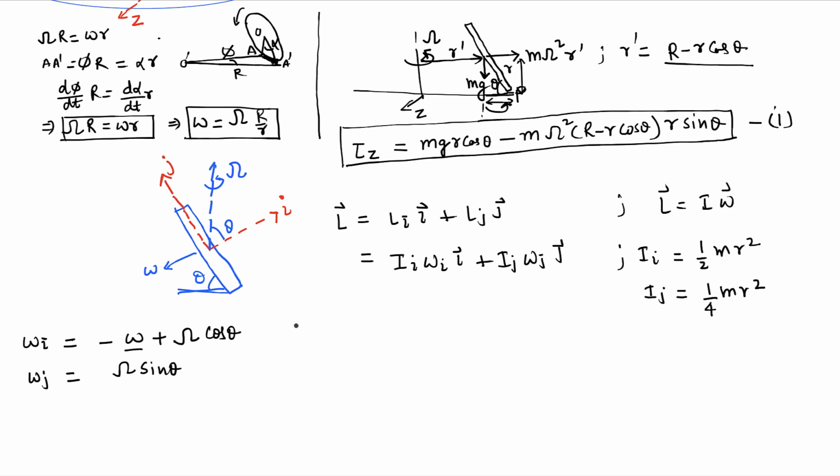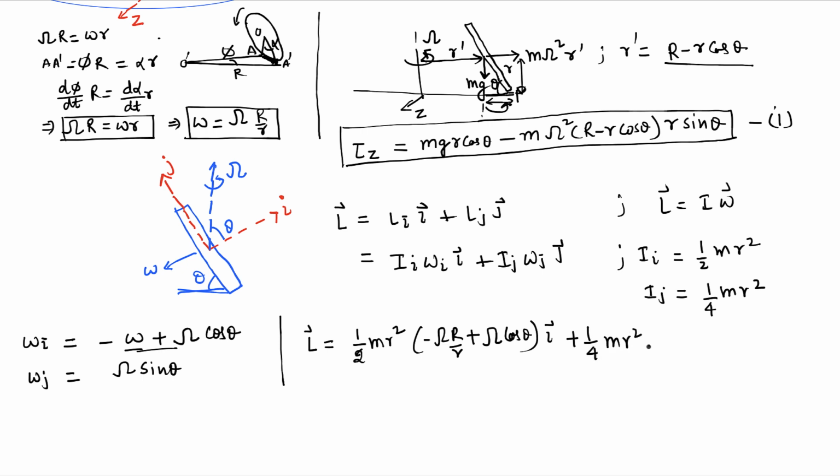So now we can rewrite L as 1 by 2 mr square times minus omega r by r plus omega cos theta. I just used this expression and replaced omega with this expression, in the I direction, plus 1 by 4 mr square and omega sine theta, and this is in the j direction.